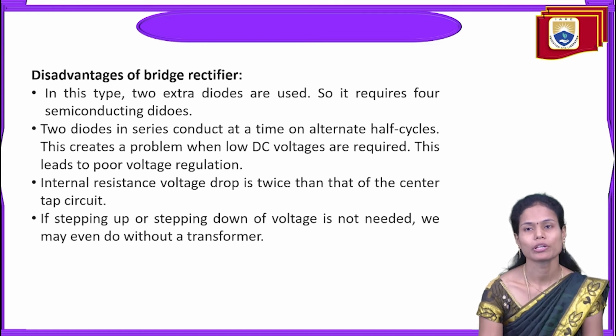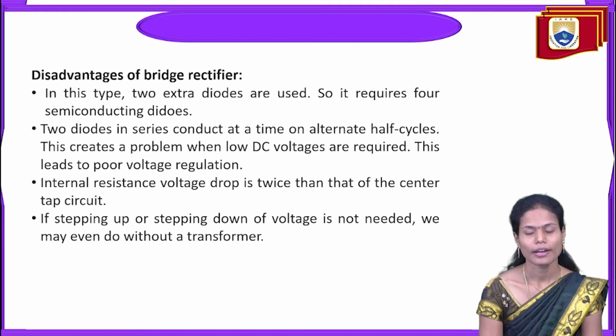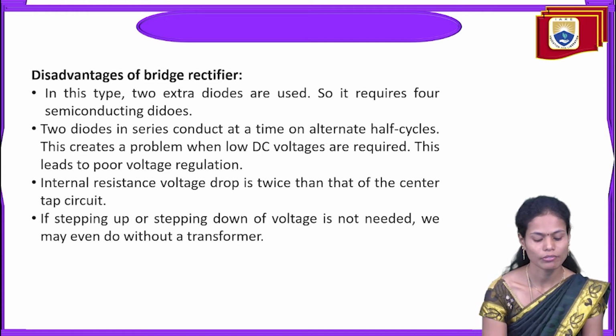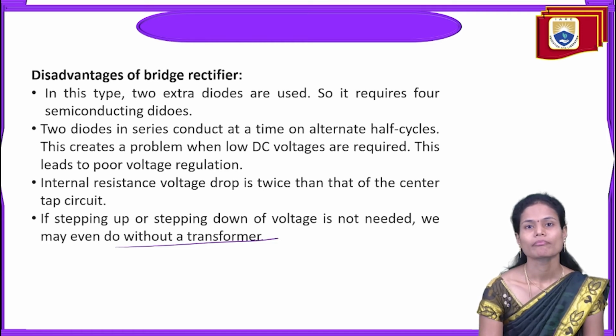This creates a problem when low DC voltages are required, and the internal resistance voltage drop is twice that of the center tapped circuit. Stepping up as well as stepping down of the voltage is not needed; we may even do without a transformer. So these are the disadvantages of the bridge rectifier. Even though we have different advantages and disadvantages, we utilize these for different applications.